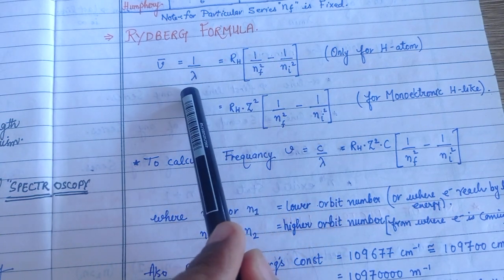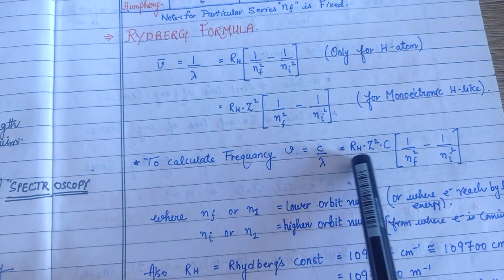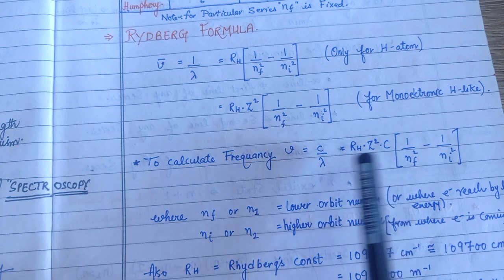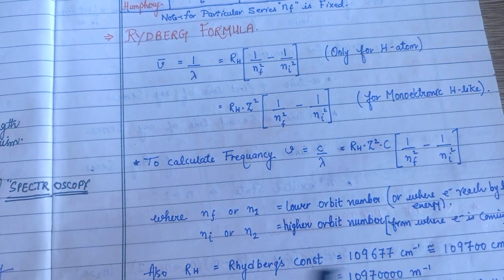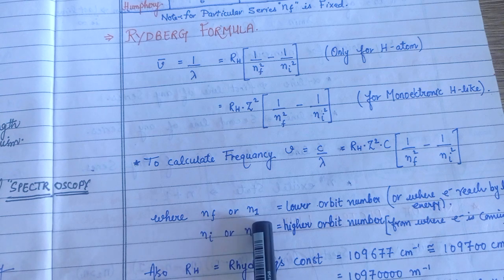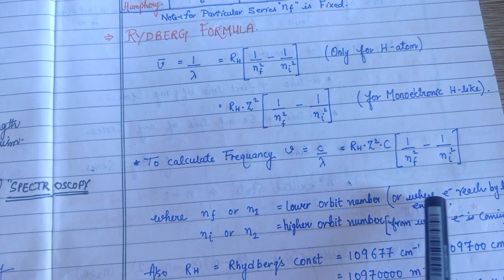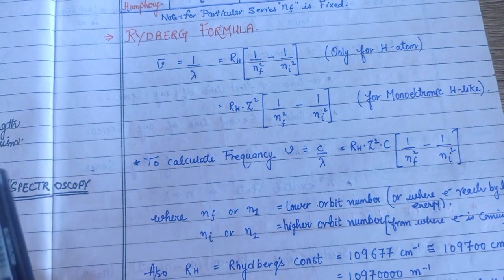For 1 upon lambda, that is the wave number, we multiply by RH Z squared, and I multiply that value by c, so it will result in the frequency calculation. Now you all know where Nf or N1, in NCERT they use N1 and N2. So Nf or N1 is the lower orbit, where the electron reaches by losing energy. It means the final stage of the electron.